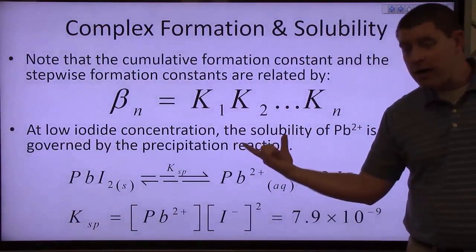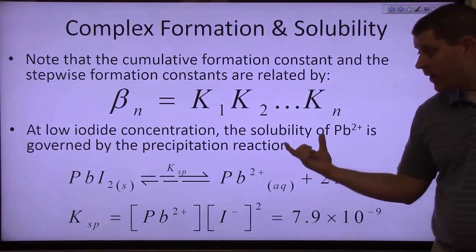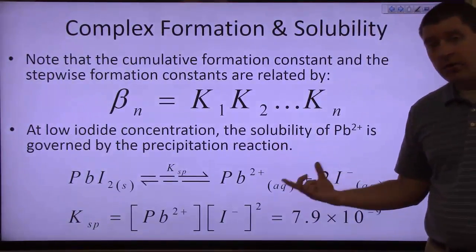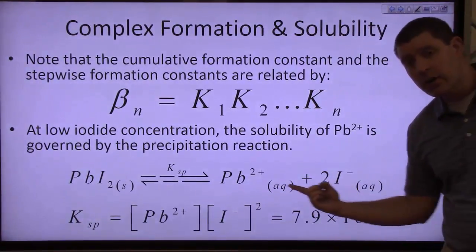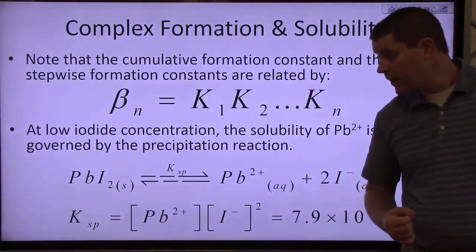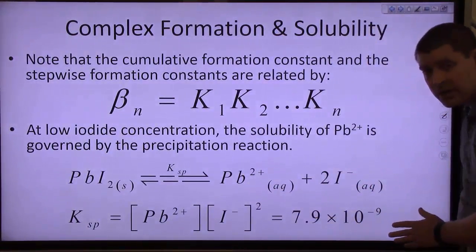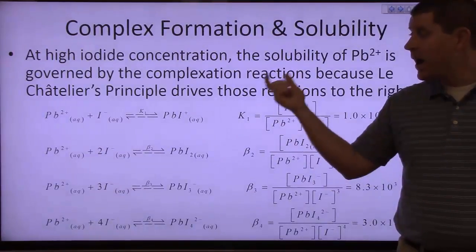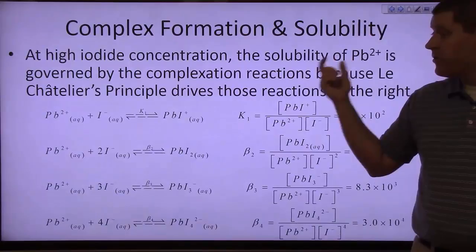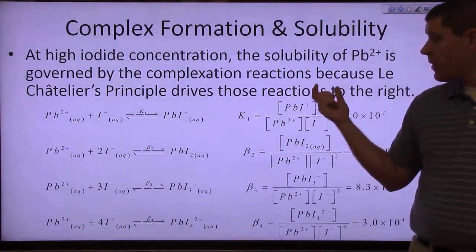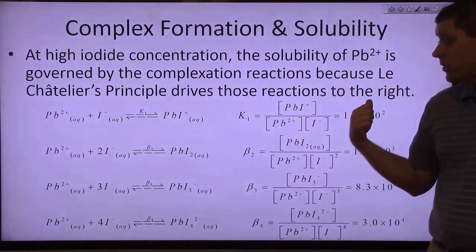So at low iodide concentration, then the solubility of lead ions is governed by the precipitation reaction. That is, the formation from our lead ions and our iodide ions of our solid lead iodide. And the value of Ksp there is 7.9 times 10 to the minus 9. On the other hand, at high iodide concentration, the solubility of lead-2 is governed instead by the complexation reactions because Le Chatelier's principle then drives those reactions to the right.